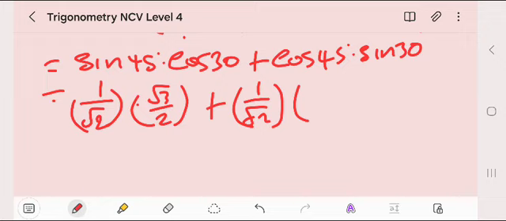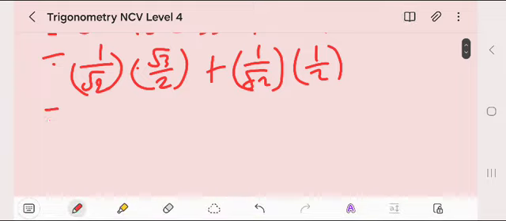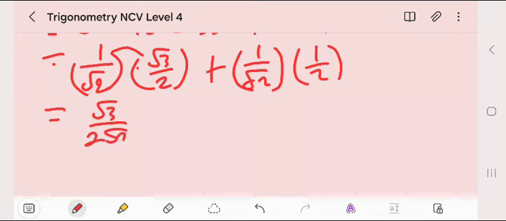I'm sure about that confidently. Then we multiply: that will be square root of 3 over 2 square root 2, plus 1 over 2 root 2.